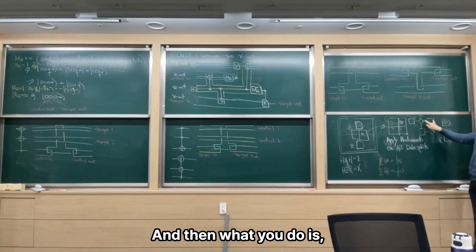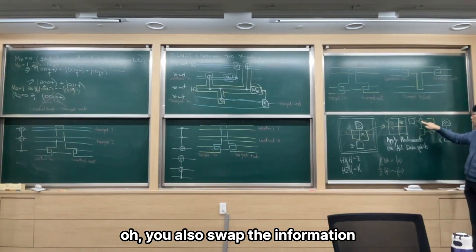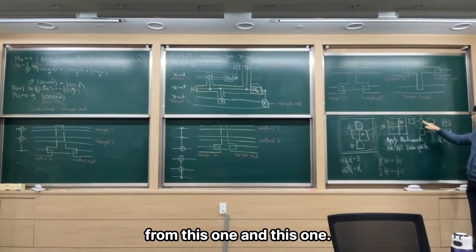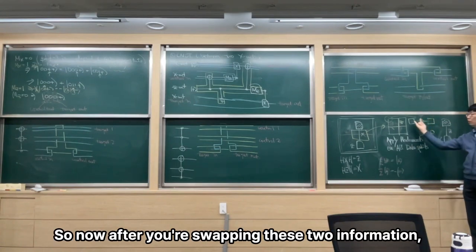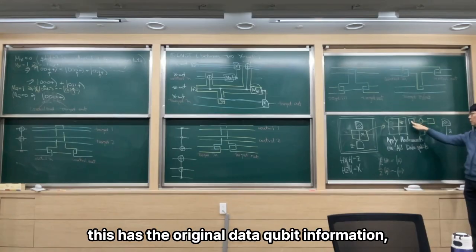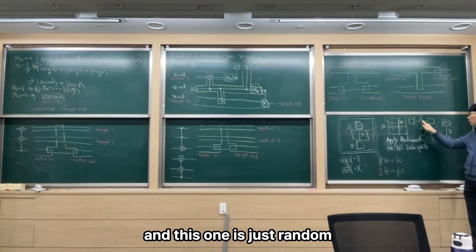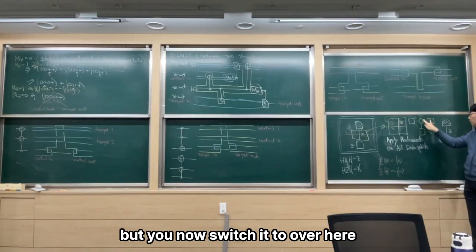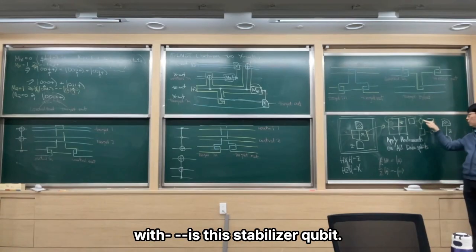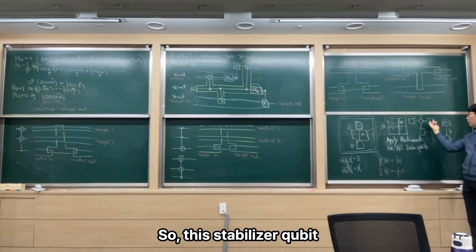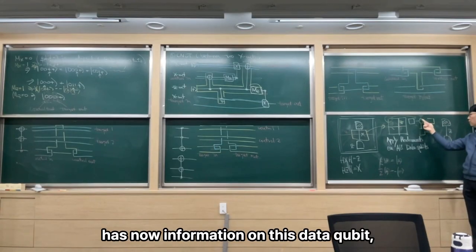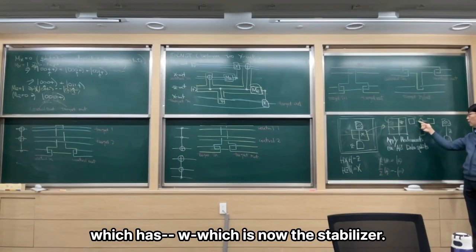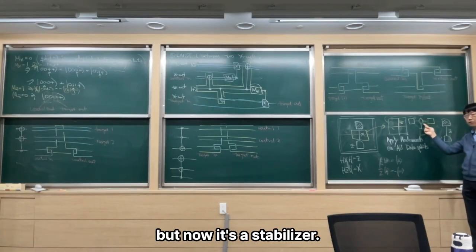And then you also swap the information from this one and this one. So now, after swapping these two, this has the original data qubit information, and this one is just random data stored in the stabilizer qubit, but you now switch it over here with this stabilizer qubit. So this stabilizer qubit now has the information of this data qubit, which is now the stabilizer. It was originally a data qubit, but now it's a stabilizer.